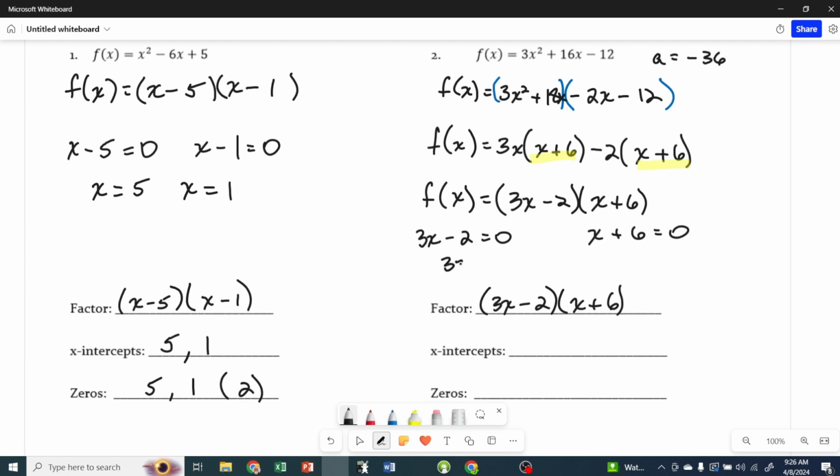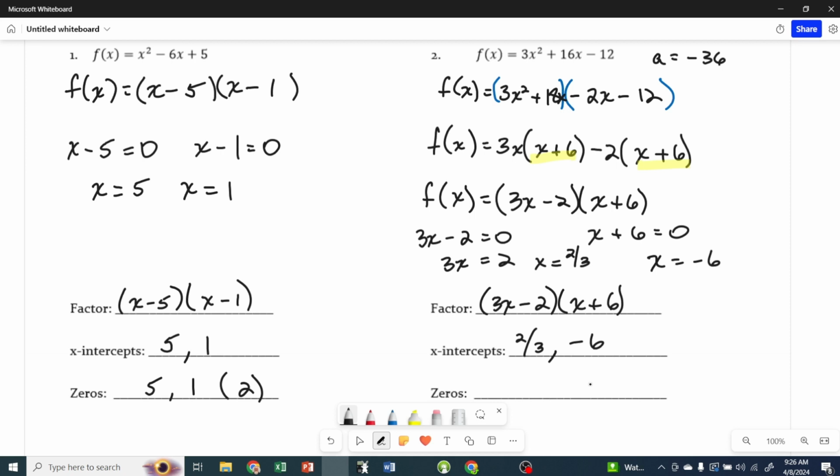So 3x equals 2, and we divide each side by 3, and I get x is equal to 2/3. So there's one of them. Over here we subtract 6 from each side, and x equals -6. So 2/3 and -6, right?